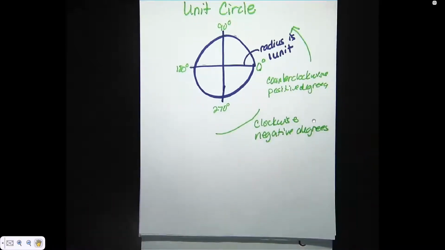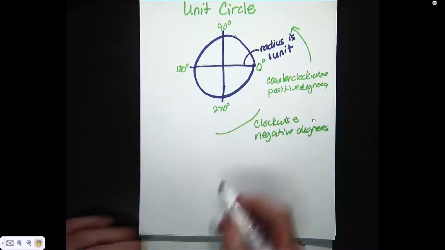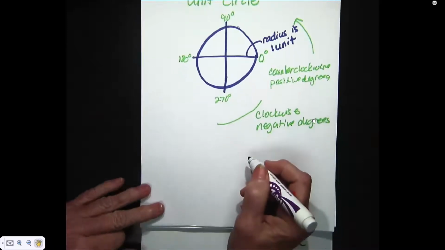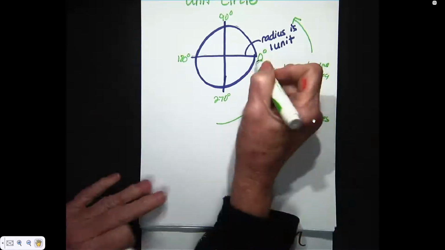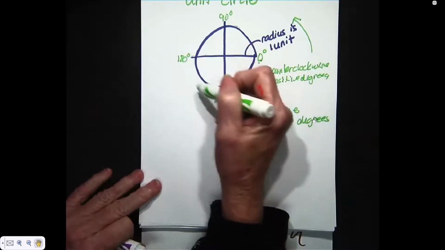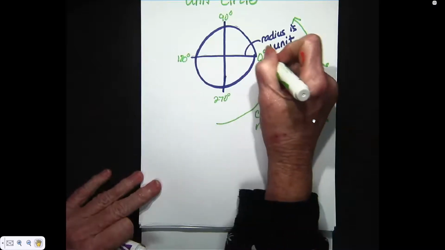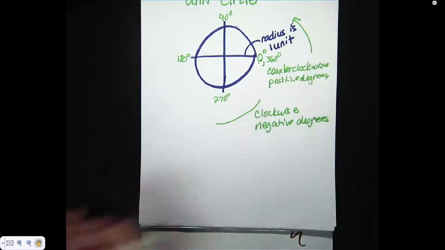And I know that you guys have done a little bit of this before, and hopefully you're going to be a little bit proficient at what you were doing with this. So you know that it would be 0, 90, 180, 270, and then all the way around the circle is going to be 360 degrees.